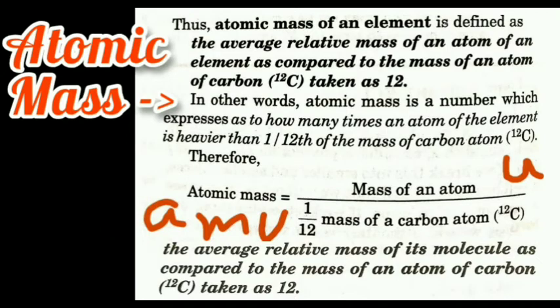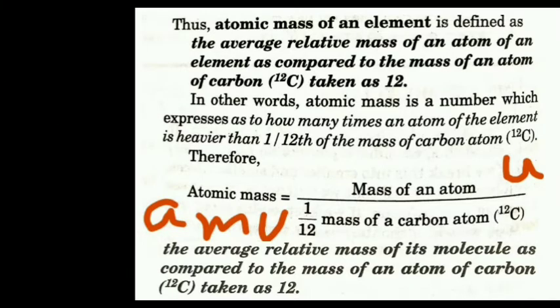However, nowadays the new symbol is also used, which is known as U. Now in this system, 12C is assigned a mass of exactly 12 atomic mass units.